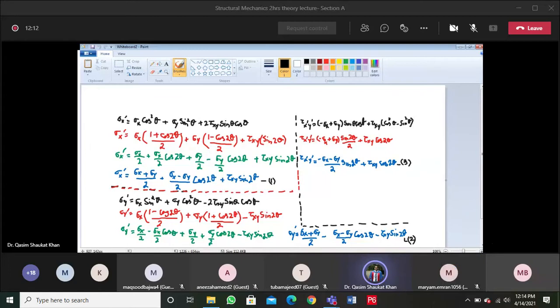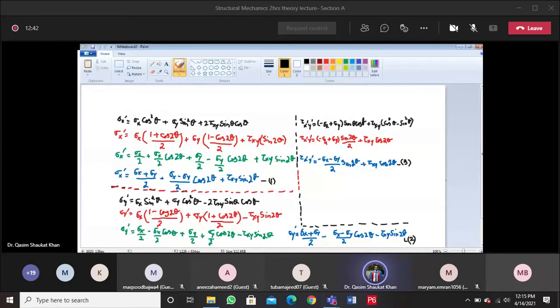You replace sin theta cos theta with an identity, that is sin 2 theta. Because 2 sin theta cos theta is sin 2 theta, so this will become half, because this is just sin theta cos theta. It is not 2 sin theta cos theta. So the identity will be sin 2 theta over 2, plus tau xy times cos square theta minus sin square theta.